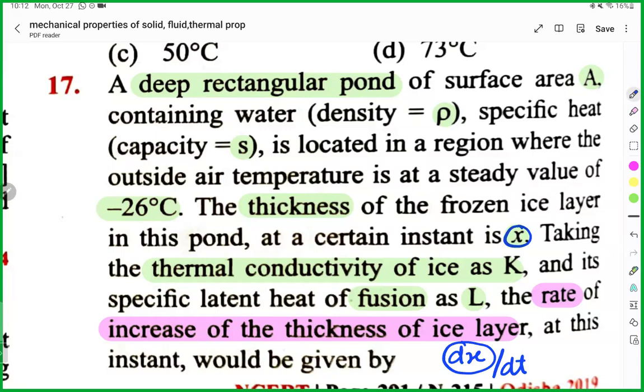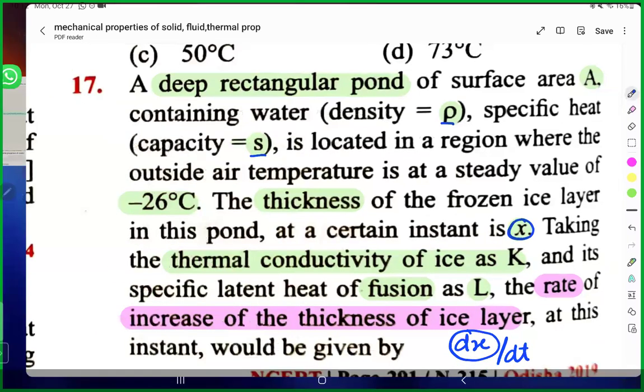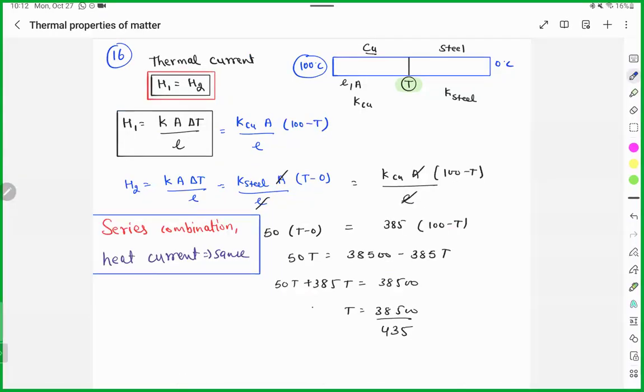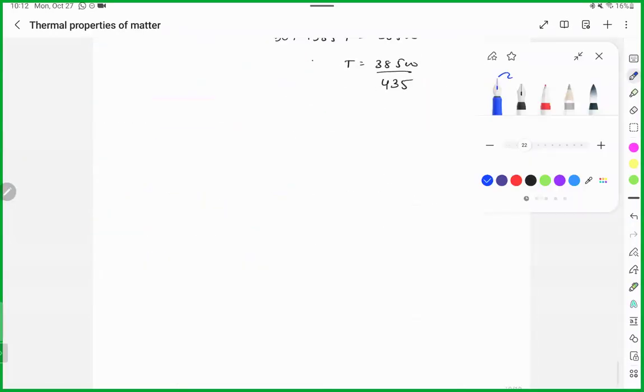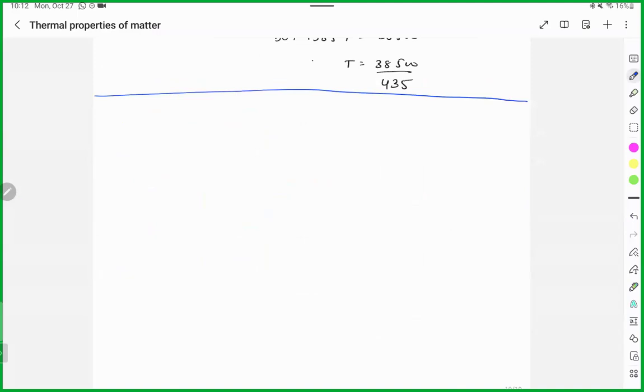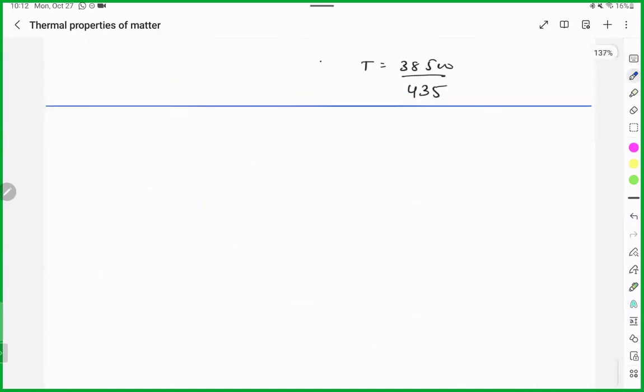K value is given, density is given, specific heat capacity is given. How to calculate in this case? To solve this question you have to understand one thing.